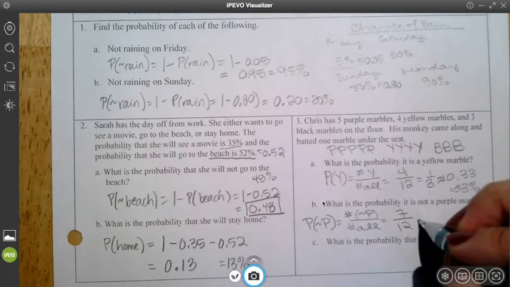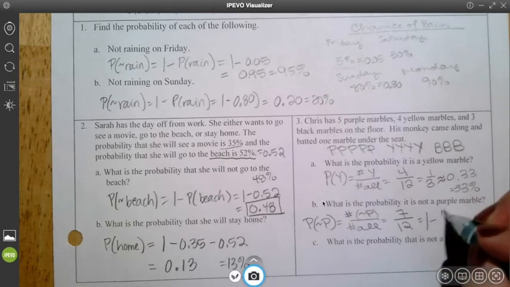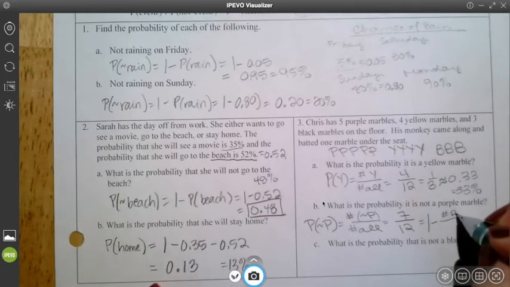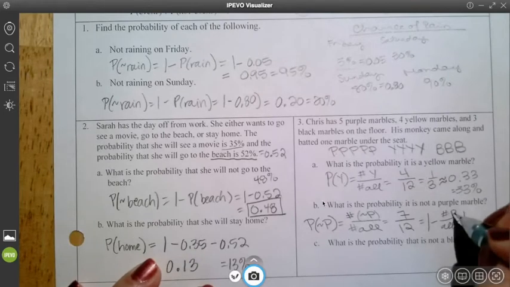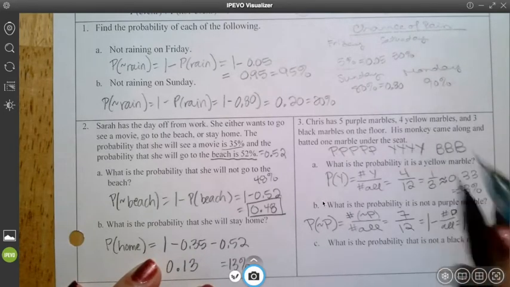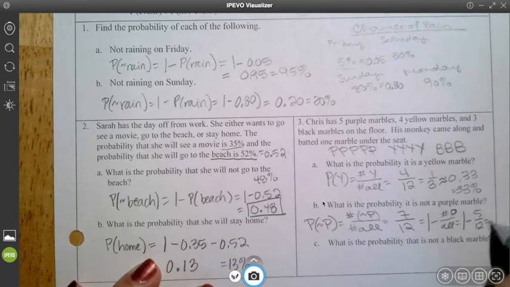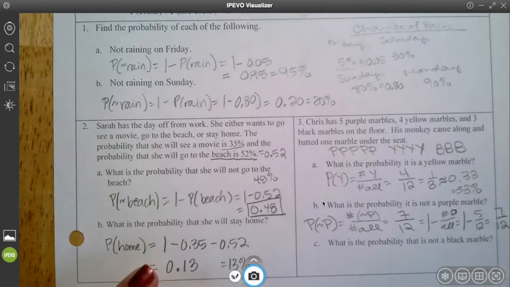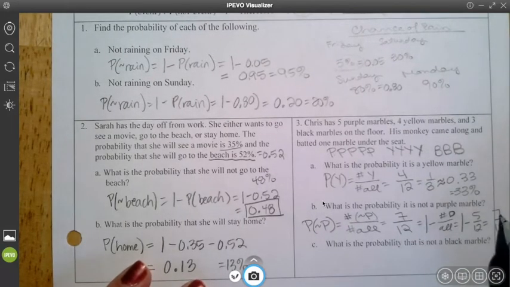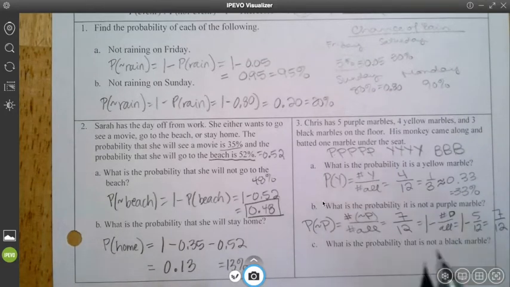So 1 minus the number of purple over all, which is 1 minus 5 over 12, which is 7/12. So notice you'll get the same answer either way.